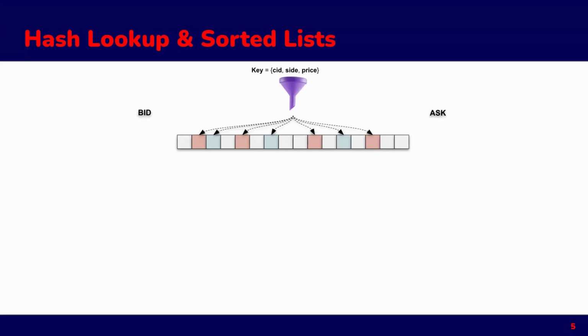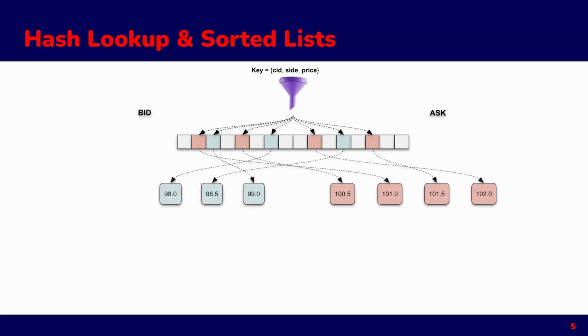In more detail, I can show you the canonical example, the hash table with linked list combination. It means that there is a hash table there. Key is some triplet: contract ID, site, and price. And then you calculate the hash, compute the bucket index, and then you are directly accessing a particular price level.